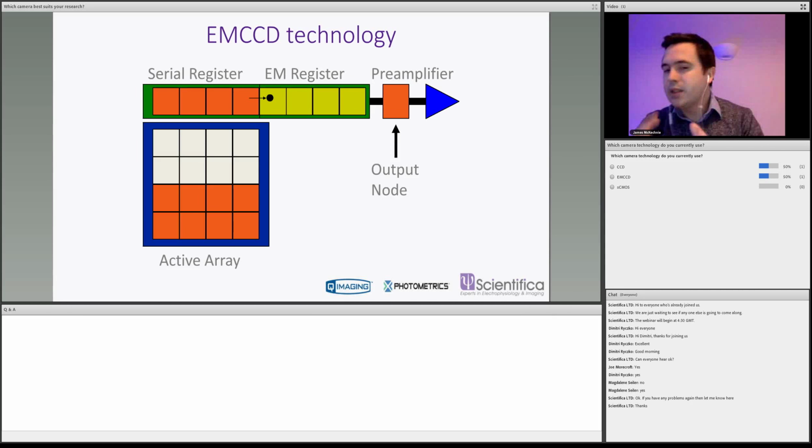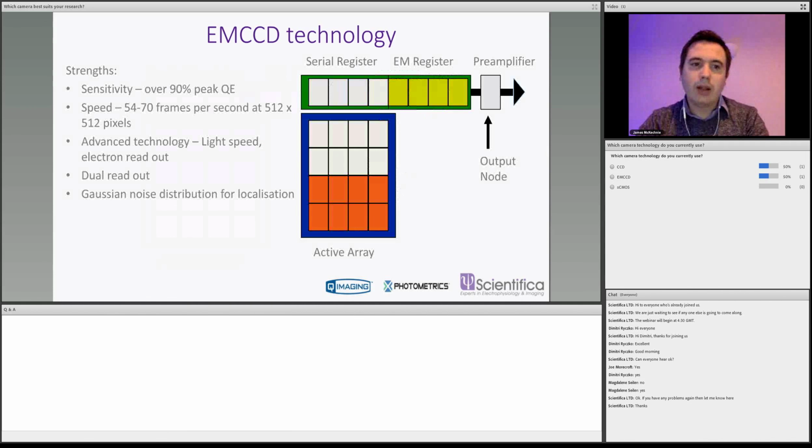So really, EMCCD cameras are useful in specific applications, and those specific applications are where you have very, very little light, but want to go very quickly. Generally, you'll find that they have very high sensitivity in terms of quantum efficiency. The sensors we use tend to be 95% QE, because that's where you're aimed at. You're going 70 frames a second in full resolution of 512 by 512, but you can go much, much quicker.